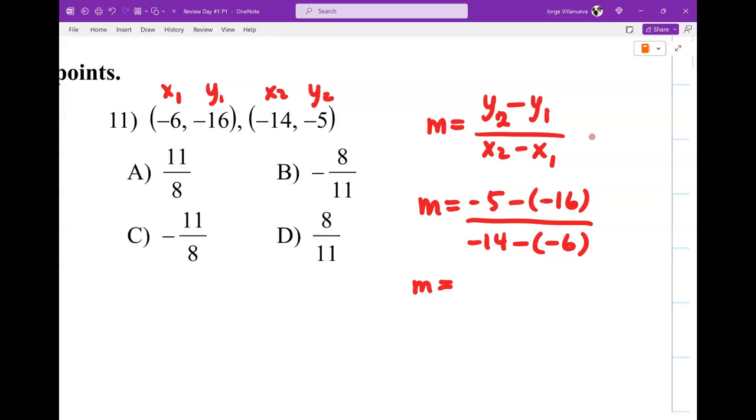So negative 5 plus 16 is 11. Negative 14 plus 6 is negative 8. So a negative 11/8. So that's C. Again, if you don't remember that formula, write it down. Highlight it so you know, hey, pay attention, I need this. So mark your stuff up.